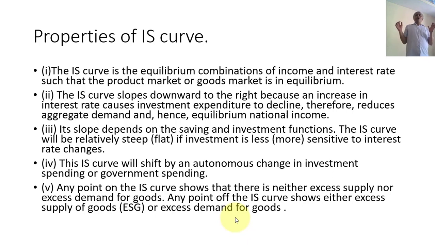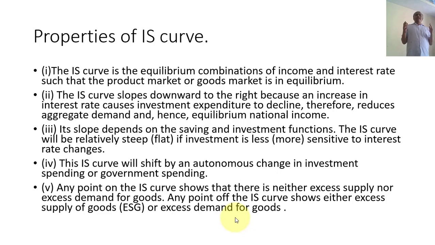Its downward slope depends on the savings and investment function. So therefore, this curve will have to be relatively steep, where it is less or more sensitive to interest rate changes, which means when the rate of interest changes, the IS curve also will change. Similarly, the IS curve will shift by an autonomous change in investment spending or government spending.